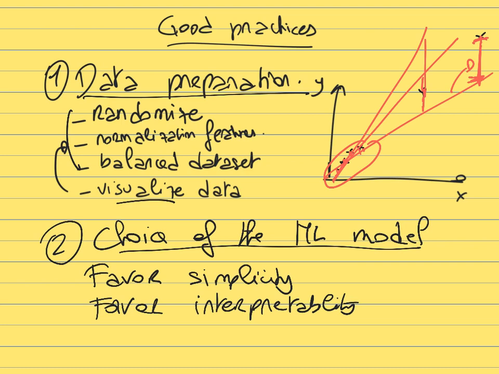So it's not possible to understand why the model is predicting this thing. The other thing is that in many cases, in engineering or in science, it's good to have a model that works, but it's also good to understand how and why the model is predicting something. So if you are training an artificial neural network, then it's very unlikely you can learn any new knowledge from this model.